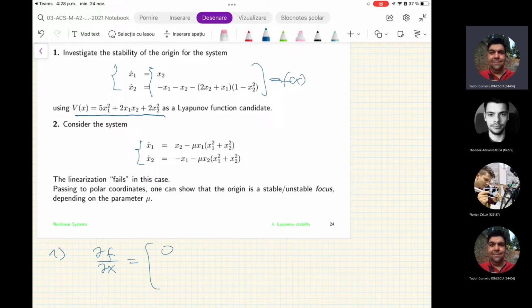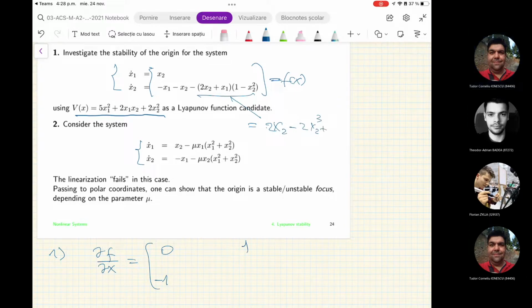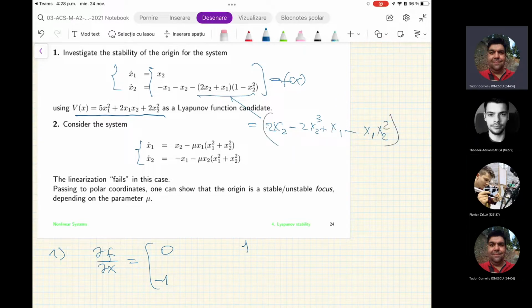So this is 0, 1. Then you have minus 1. Well, this here is what? 2x2 minus 2x2 to the power 3 plus x1 minus x1x2 squared, and everything with a minus in front of it.